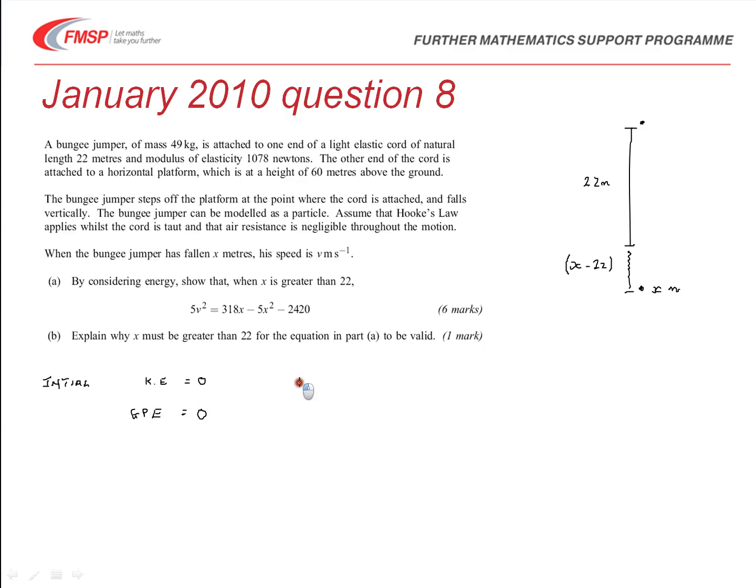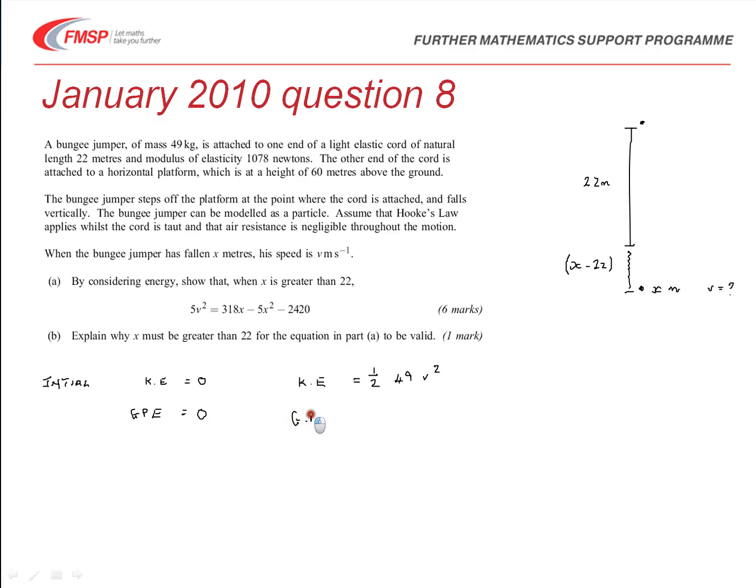Then the kinetic energy at the point to which they've fallen will be equal to a half the mass, which is 49, times whatever the velocity is at this point, so whatever v is, squared.